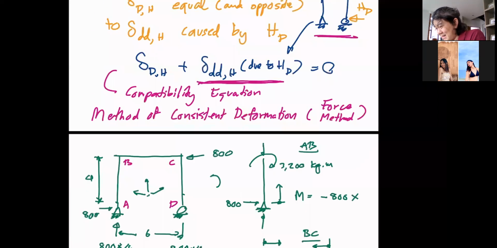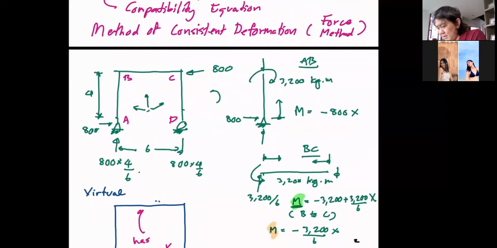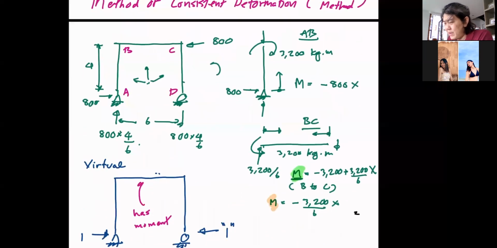And it is coming out positive because this frame is being pushed by the 800 to the left, and I apply this imaginary unit load to the left. So naturally it comes out to be positive.